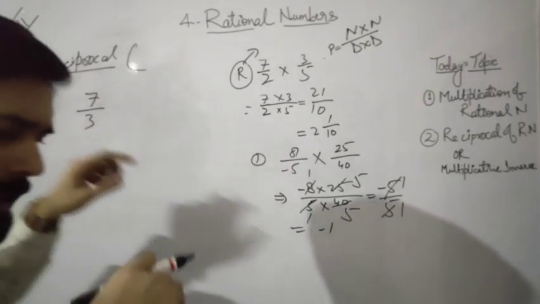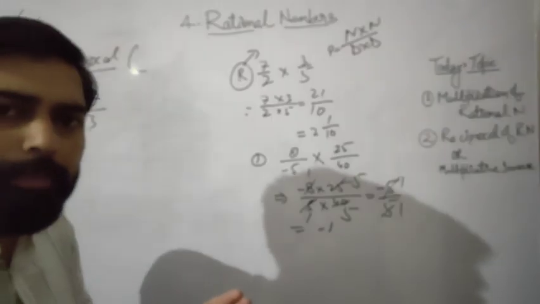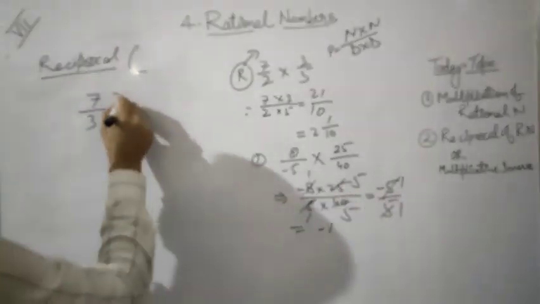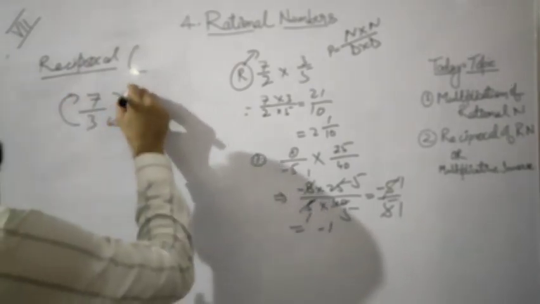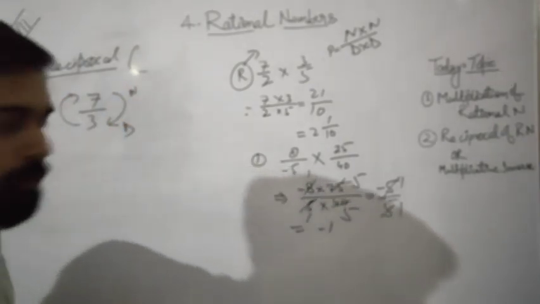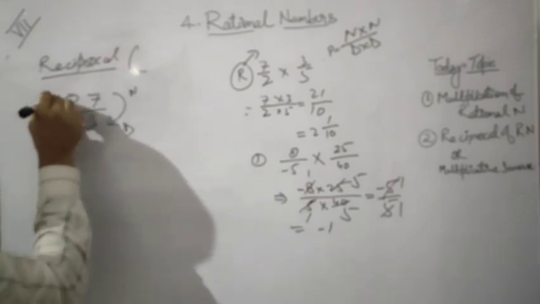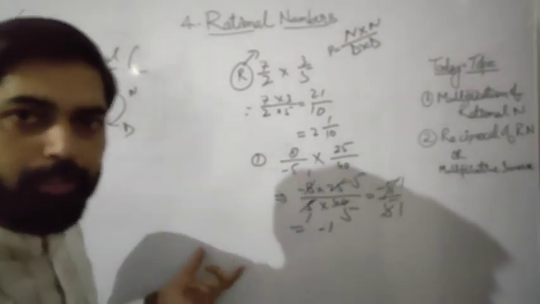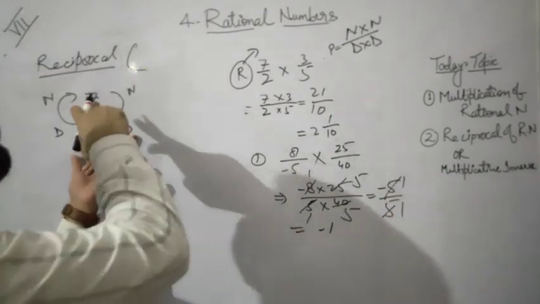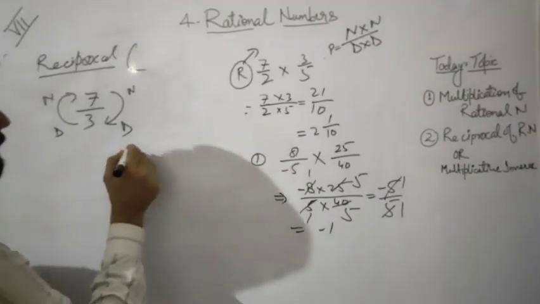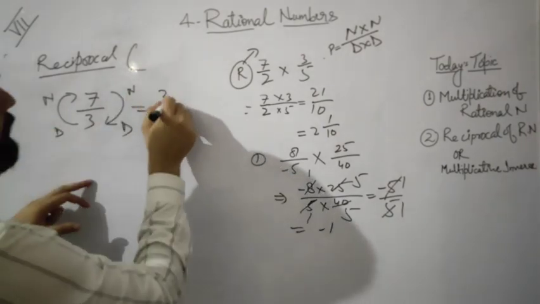Just change the numerator and denominator: the numerator becomes the denominator and the denominator becomes the numerator. So whatever number you get is the reciprocal. So what is it? 3/7. So you can say 3/7 is the reciprocal of 7/3.